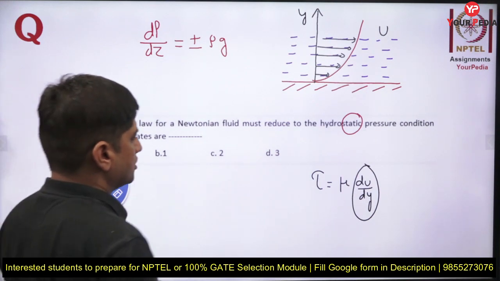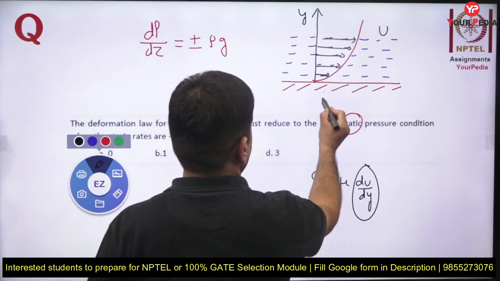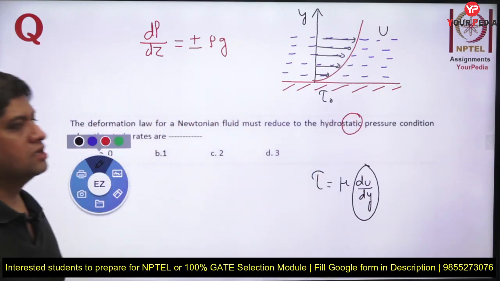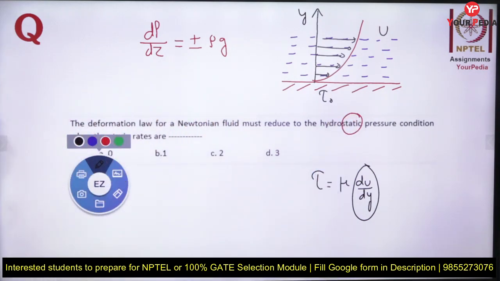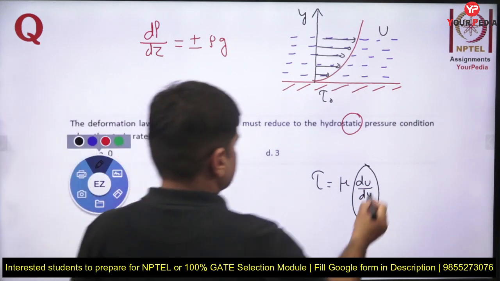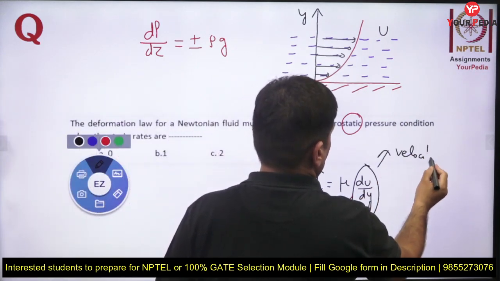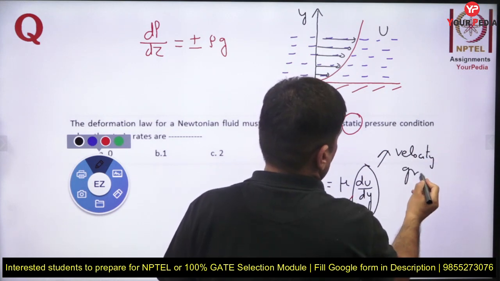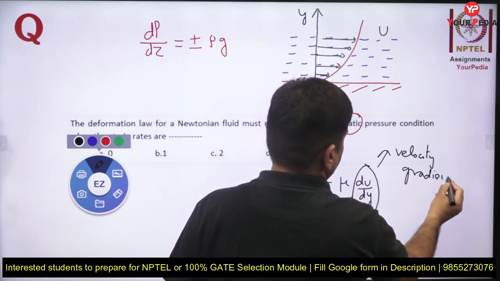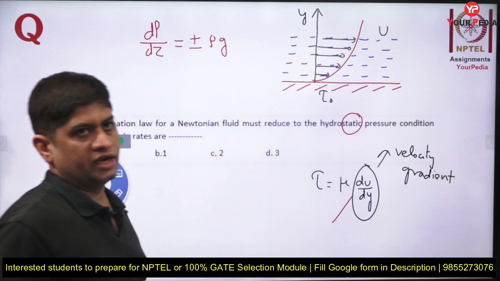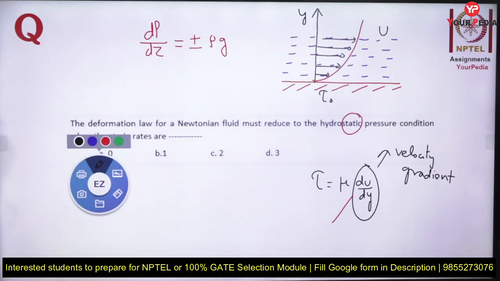This is the drag stress, and maximum drag stress is observed at the surface or wall. This du by dy is called the velocity gradient, or another name is rate of shear strain, also called shear strain rate.